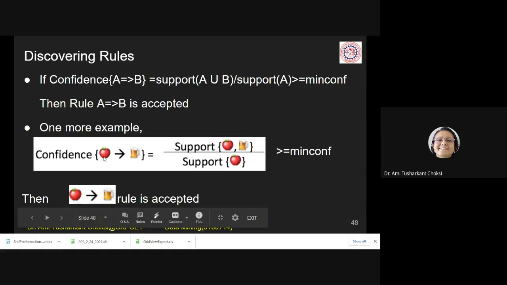If the rule is, say, apple implies beer, we take the support of apple and beer, and below that the support of apple, right? So this division will give us the confidence of this rule, and we need to check that it should be greater than or equal to the minimum confidence, isn't it?